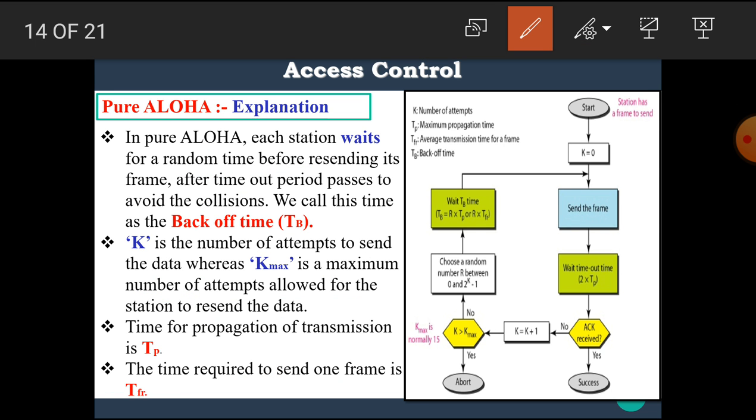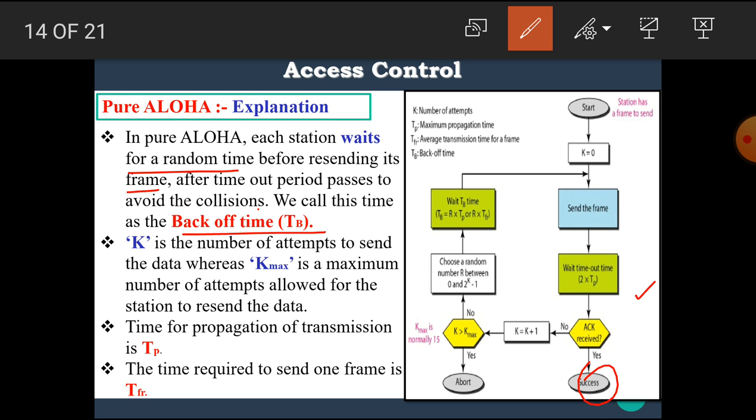Let's see. In pure ALOHA, each station waits a random time before resending its frame, after the timeout period passes, to avoid the collision. We call this time the back-off time or TB. That means all the stations in pure ALOHA wait for some random time if the transmission is not successful.